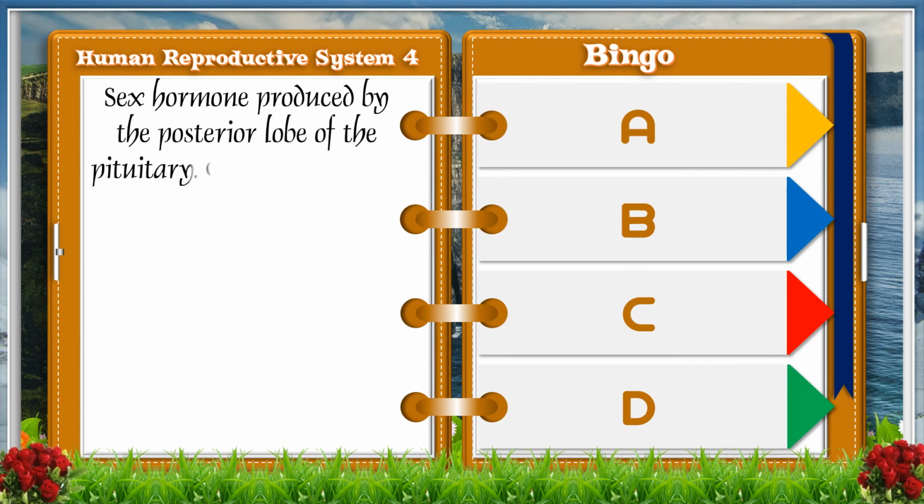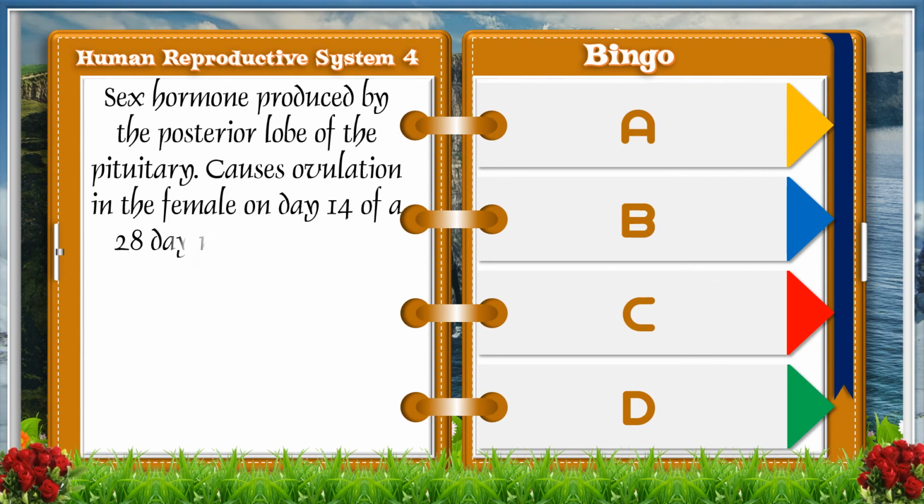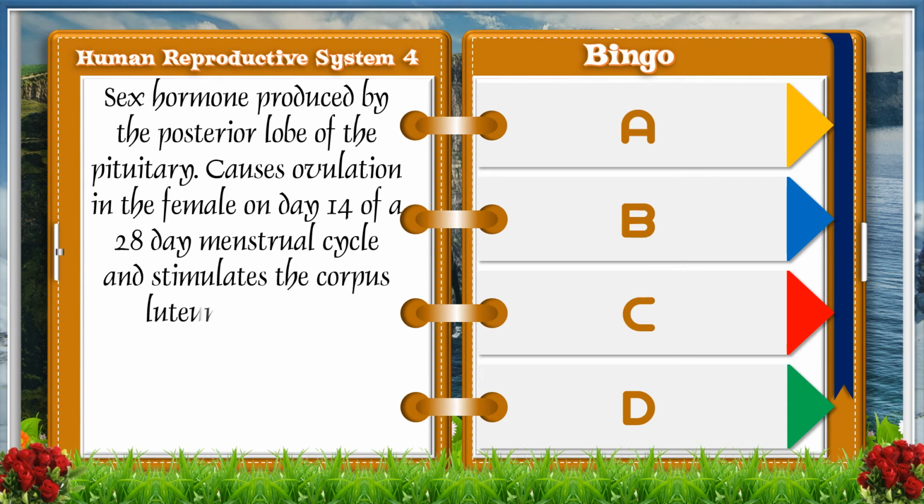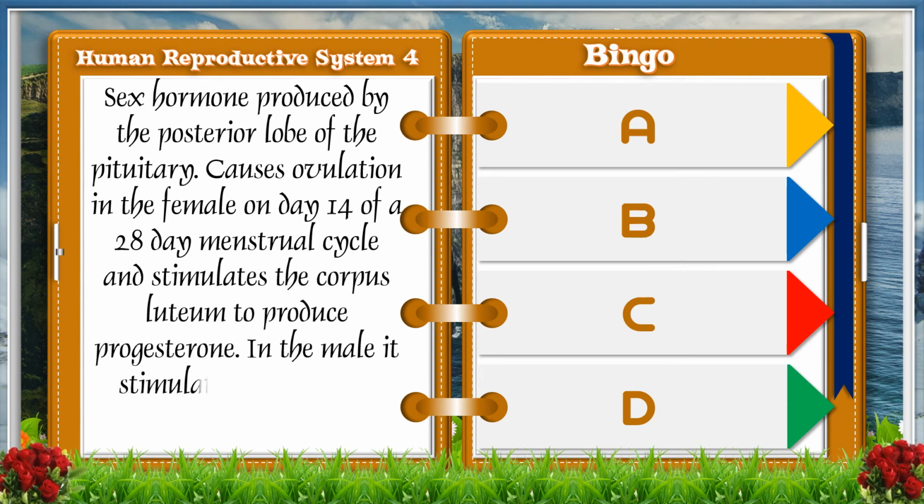Sex hormone produced by the anterior lobe of the pituitary, causes ovulation in the female on day 14 of a 28-day menstrual cycle and stimulates the corpus luteum to produce progesterone.